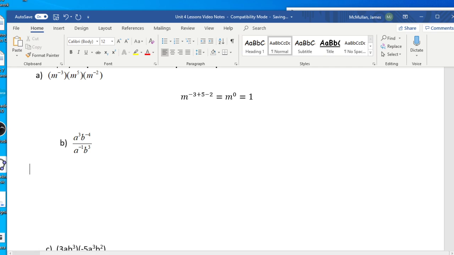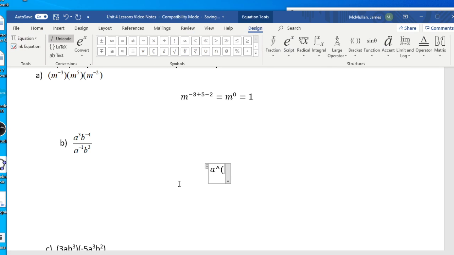Now here, second one. I have a to the power of 3 subtract negative 1, and then I have b to the power of negative 4 subtract 3. So what happens here? That's a to the power of 4, and then b to the power of negative 7.